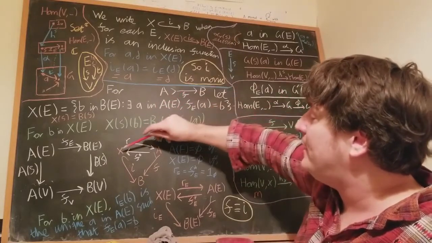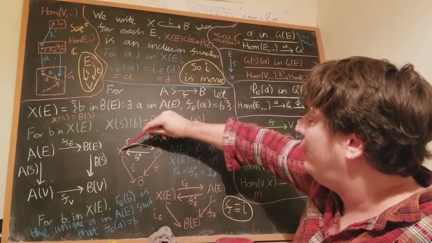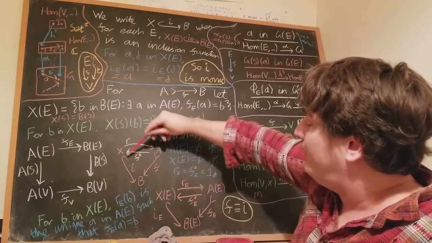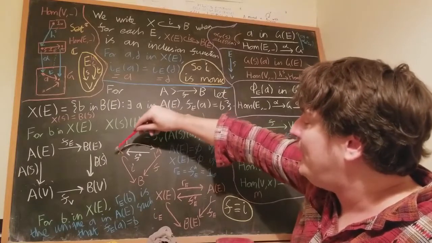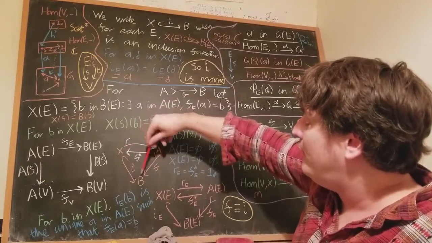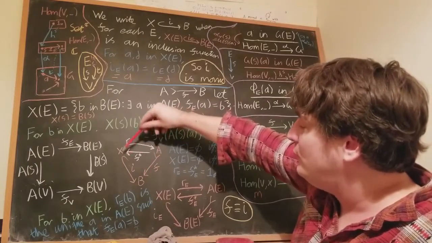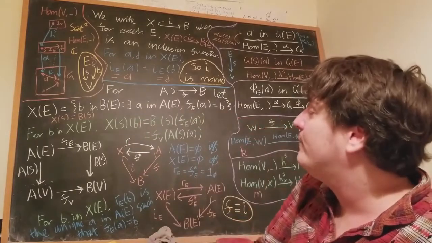Well, the first thing we need is this X. So how are we going to find this X, which is an inclusion? We want to find this X, which is basically a substructure of B, so that we only need this inclusion monic to go from X to B. So how do we do it?